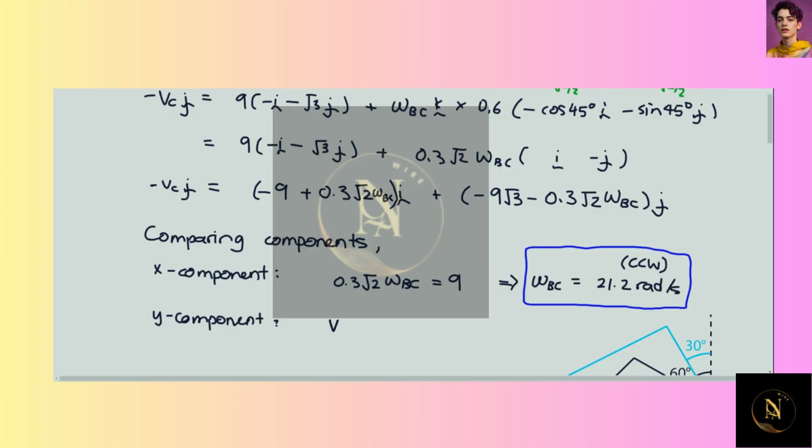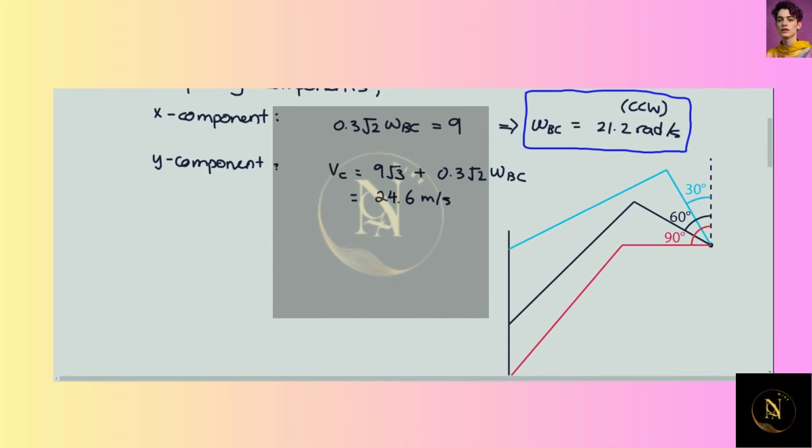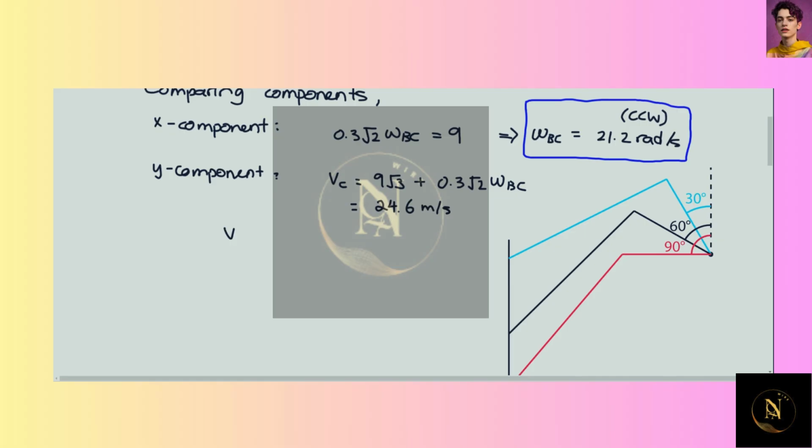So I can just write vC is equal to 9 root 3 plus 0.3 root 2 omega BC. Substituting omega BC from the previous step, you get 24.6 meters per second. So in vector form, vC is minus 24.6 j meters per second.